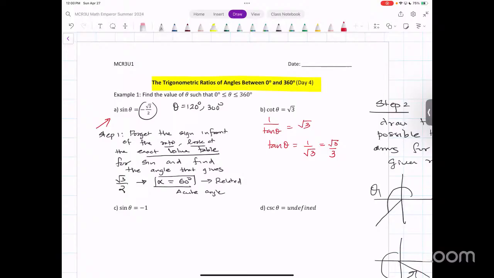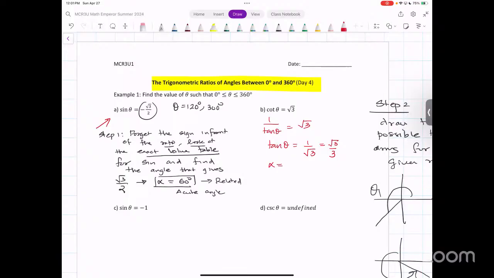Same strategy. Forget the sign. This time it is positive. Ask yourself where tan is going to be positive. Find the alpha. So let's see, what is the alpha in this case? On your table, for what angle do you get tan equal to √3/3? 60 from your table.